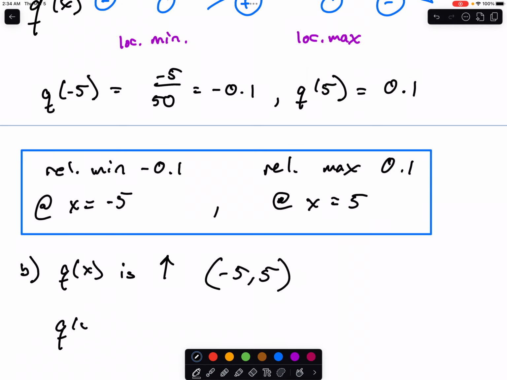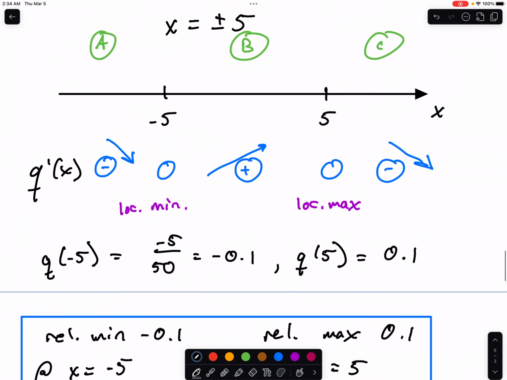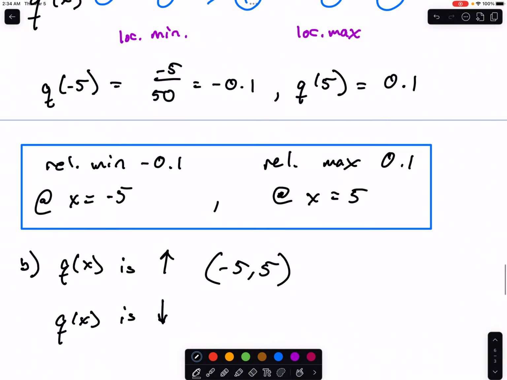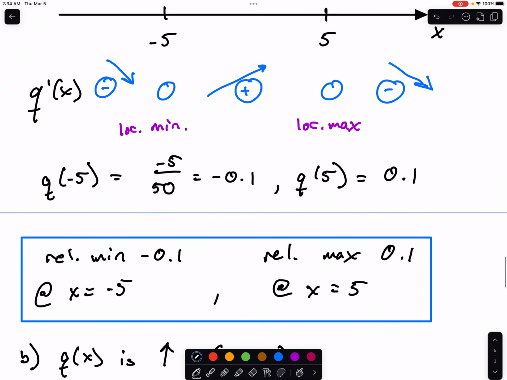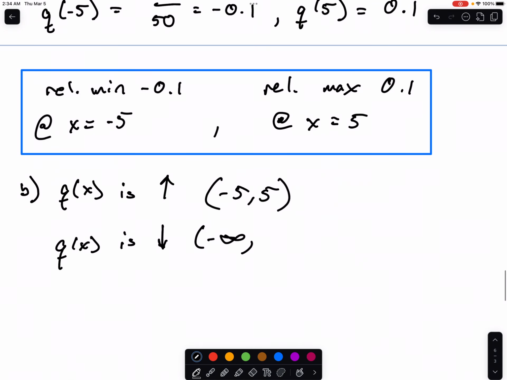And then Q is decreasing over regions A and C, so as x goes from -infinity up to -5, and as x goes from 5 to infinity. We use the open interval here.